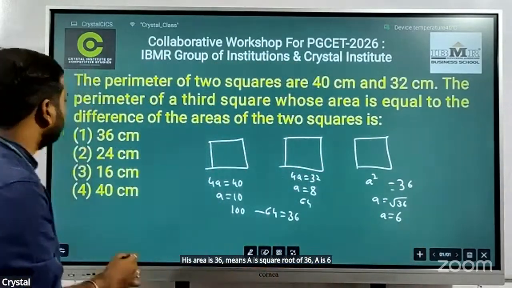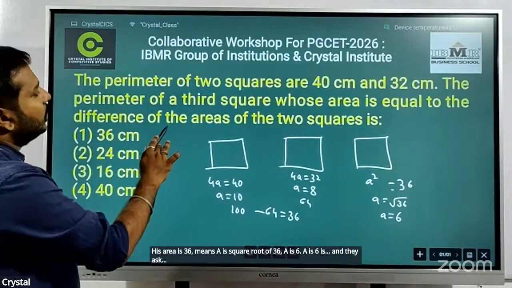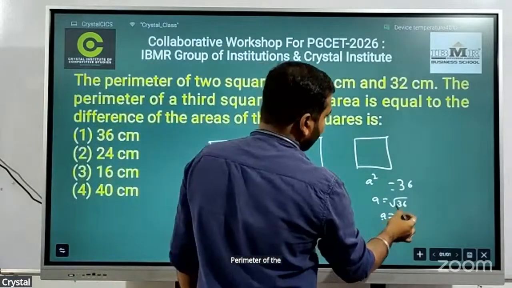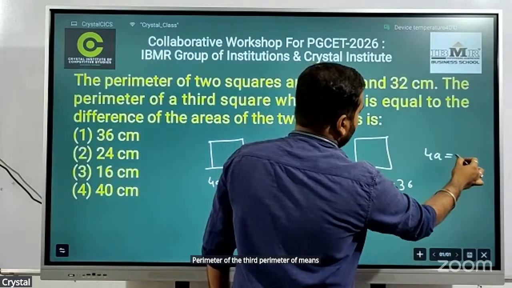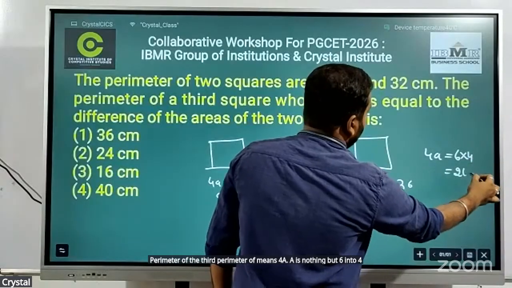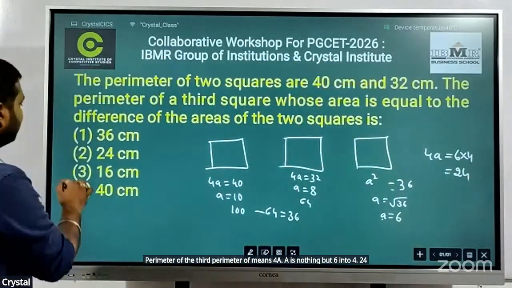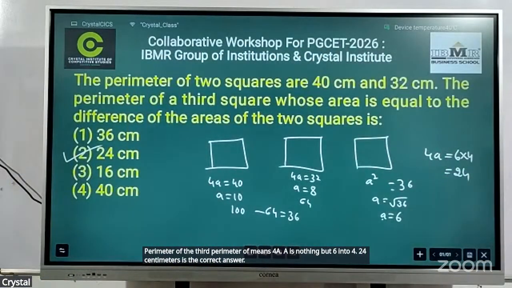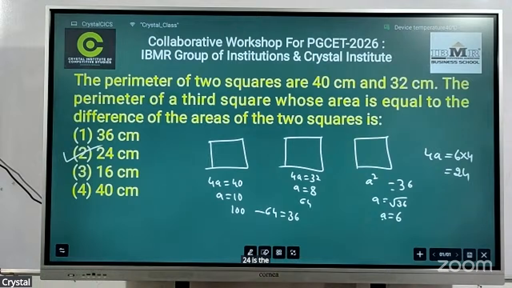They ask the perimeter, perimeter means 4a, that is 6 into 4. 24 centimeter is the correct answer.